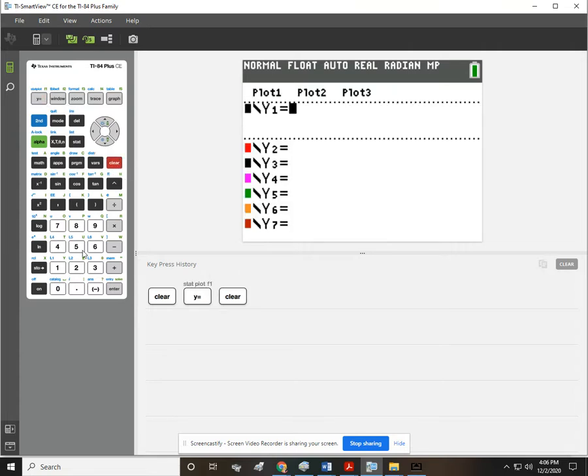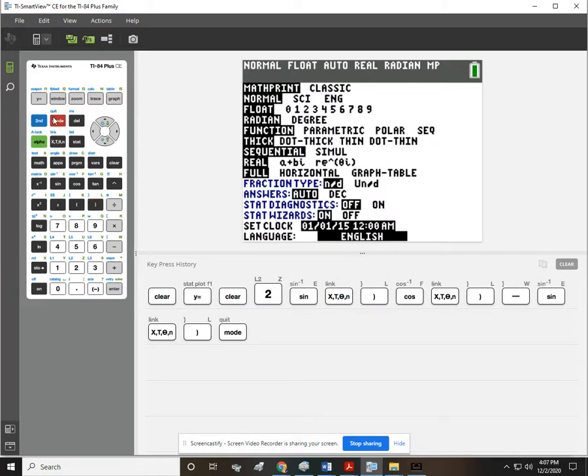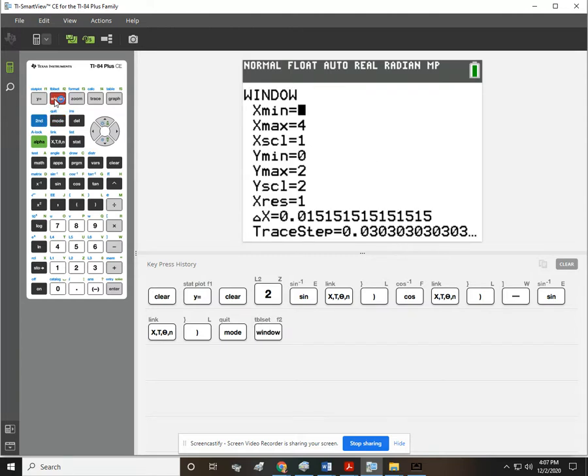Okay, so I'm just going to type this in. I'm going to make sure I'm in radian mode. I am. All right, and I'm going to go to my window. So my interval is from pi over 2 to 2 pi.